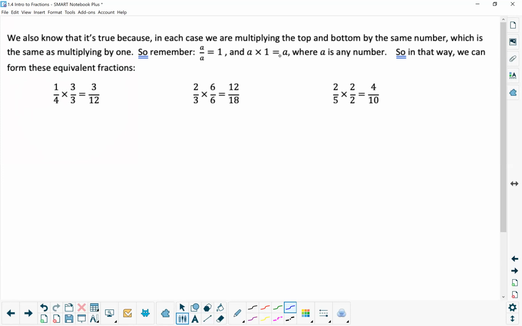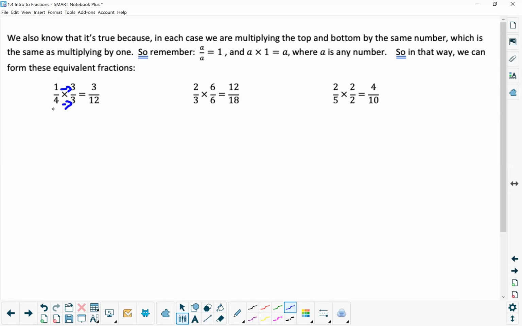So in that way, we can form equivalent fractions. Take a fraction that's maybe a proper fraction that's in its reduced form, doesn't have to be, multiply by a number over itself, so 3 over 3. 3 divided by 3 is 1, so we're really just multiplying by 1. With fractions, we multiply straight across.